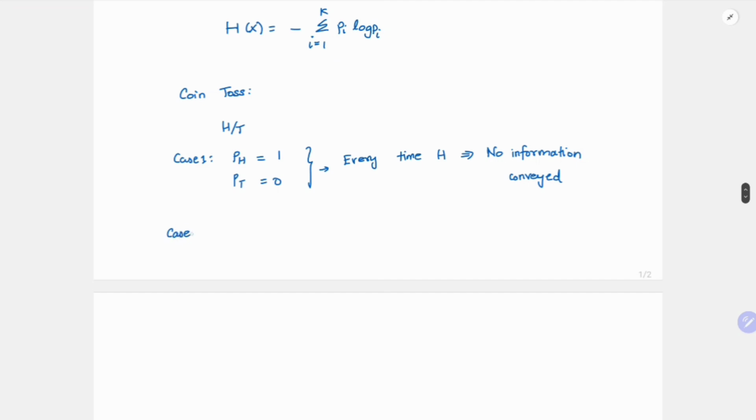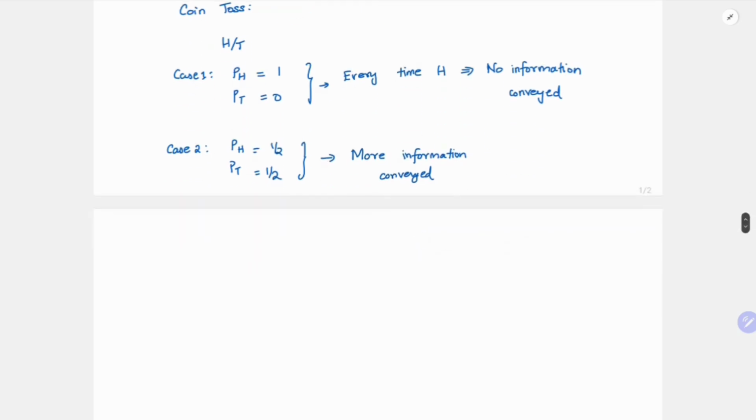On the other extreme, in case 2, if you have pH and pT both equal to half, then 50% of the time it will be head and 50% of the time it will be tail, and we can say more information is conveyed with each toss. On the other hand, take an intermediate case, so let's say head is 3/4 and tail is 1/4.